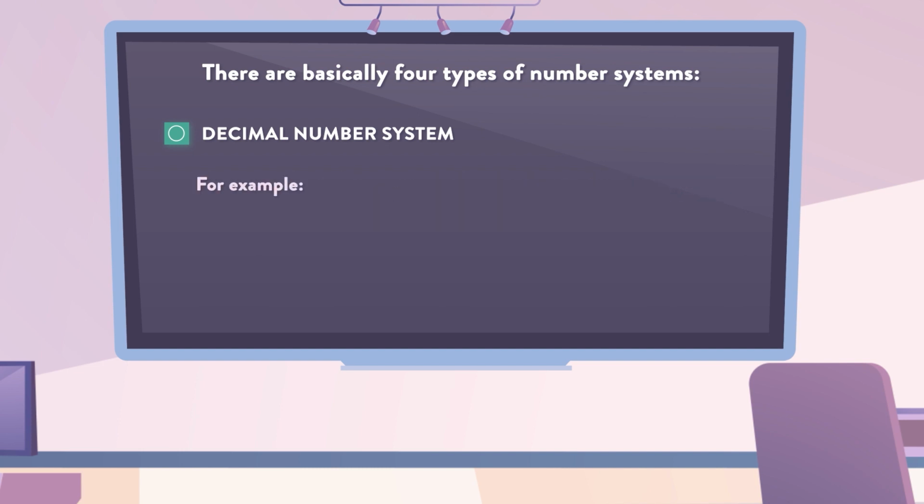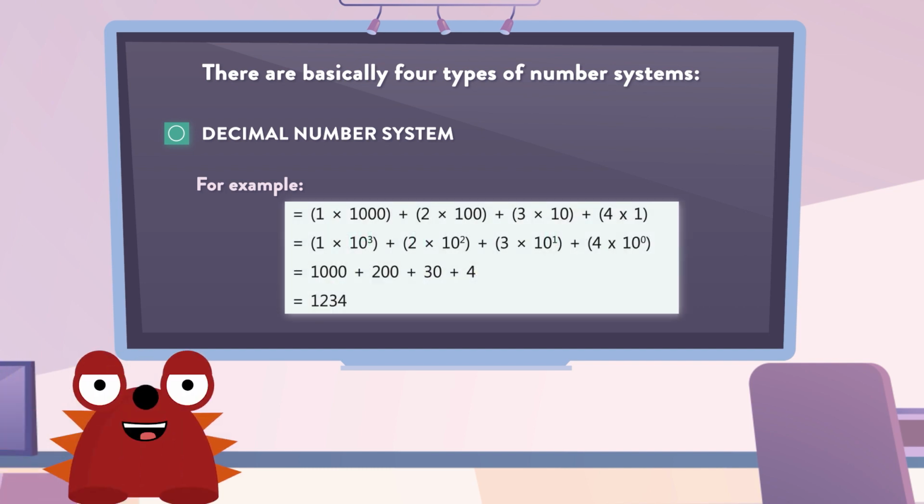For example, the decimal number 1234 consists of the digit 4 in the units position, 3 in the tens position, 2 in the hundreds position, and 1 in the thousands position, and its value can be written like this.